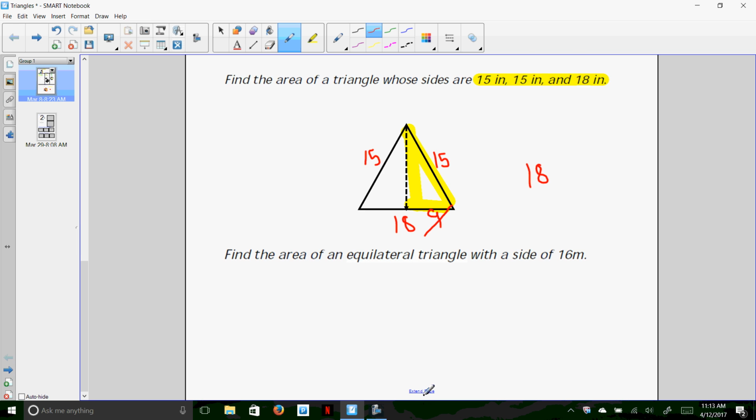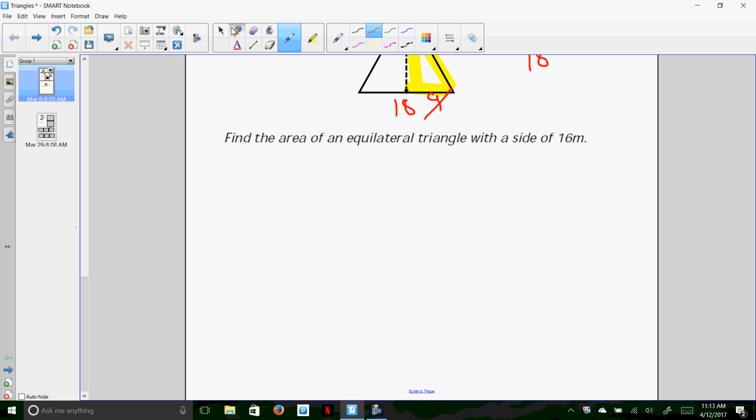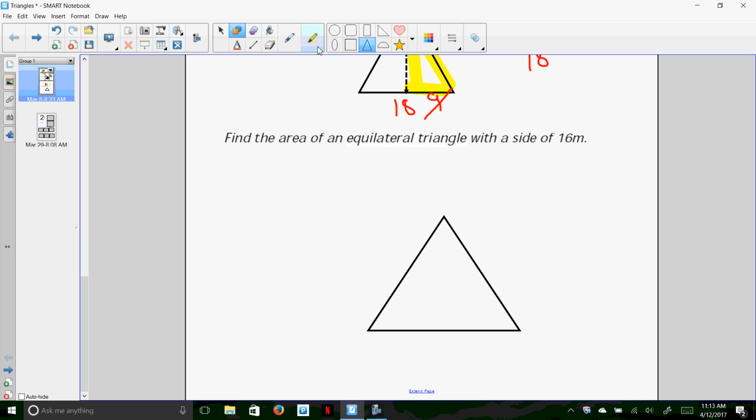Now on the equilateral, you get to do what we used to do in special right triangles. You got your 60, all sides are 16. So there are your sides. You bring down old school special right triangles. That 16 becomes an 8.